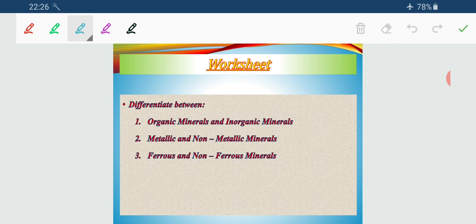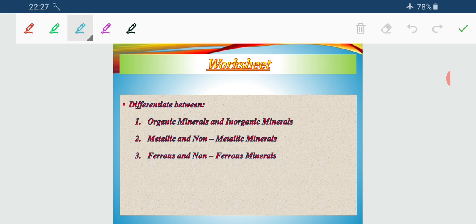It does not generate energy, rather it is used to produce some tangible products. Okay. There are many more differences, like organic minerals are basically solid and liquid in nature, and inorganic minerals are always solid in nature. Okay.